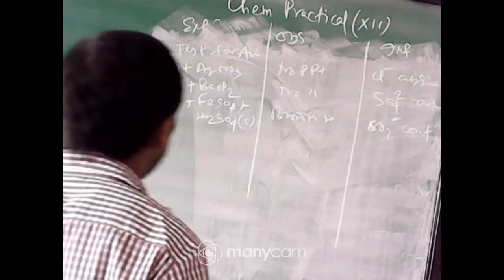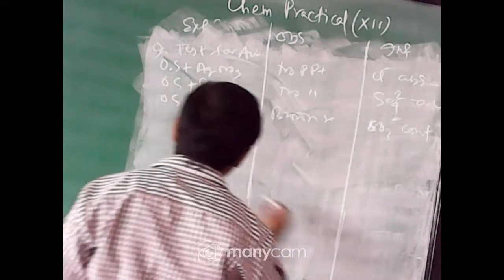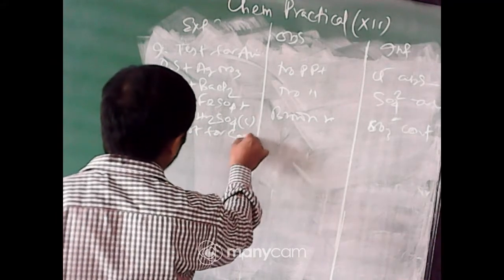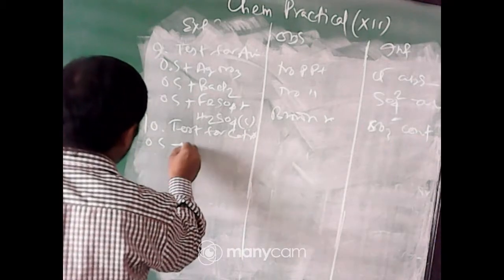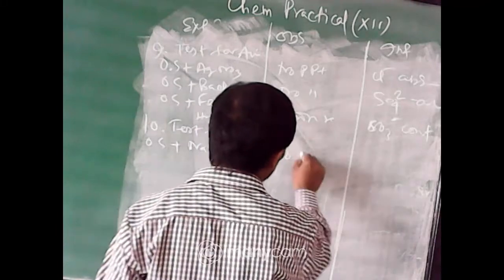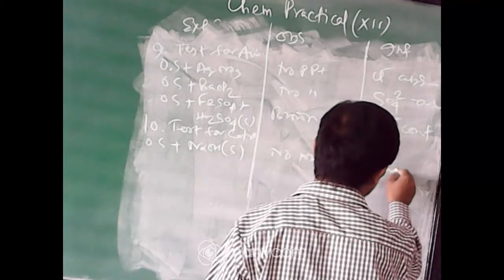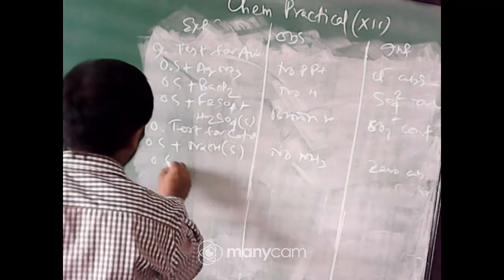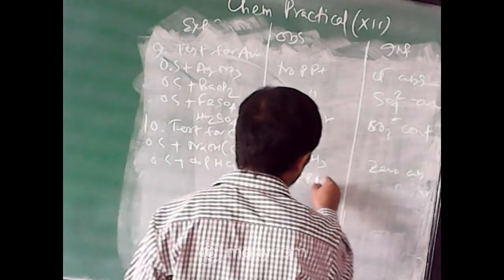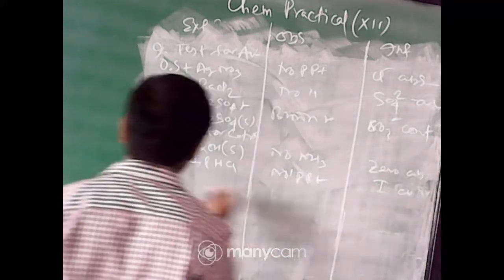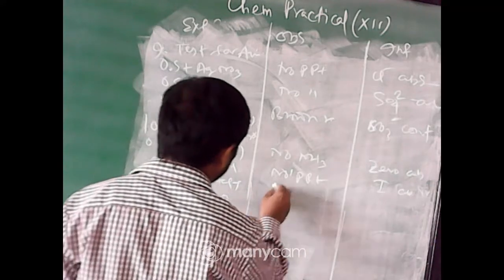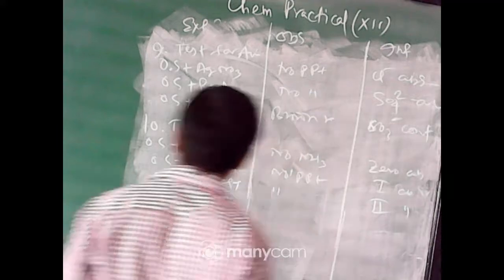Now the remaining is the test for the basic radical in a confirmative way. That is number 10, test for cation. OS plus NaOH solid, no ammonia, group 0 absent. Next, OS plus dilute HCl, no PPT, group 1 absent. OS plus dilute HCl plus H2S, no PPT, group 2 absent.